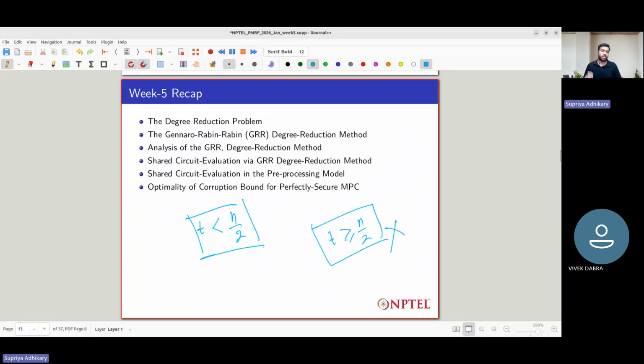If t is greater than or equal to n over 2, then we cannot have a perfectly secure MPC protocol.